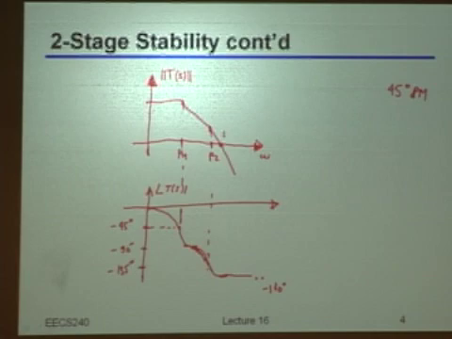So this is basically equivalent: either I lower the gain, or I draw another omega axis here. The bottom line is I'm reducing the gain. So to get this configuration, I needed to reduce the gain in the loop, and there I would have 45 degrees.